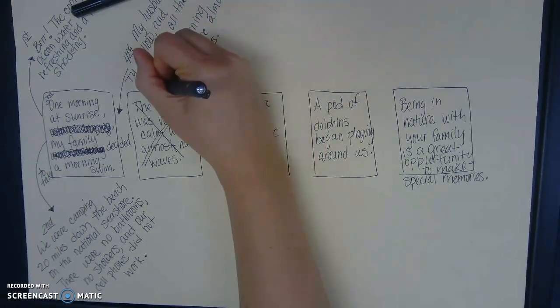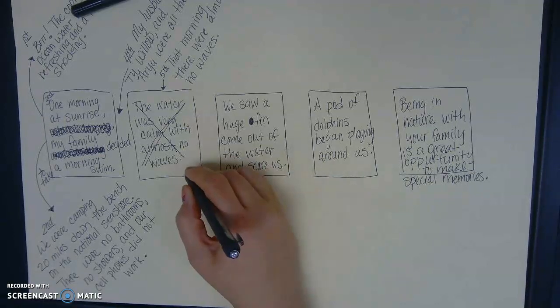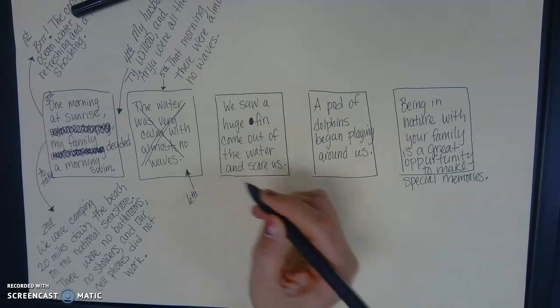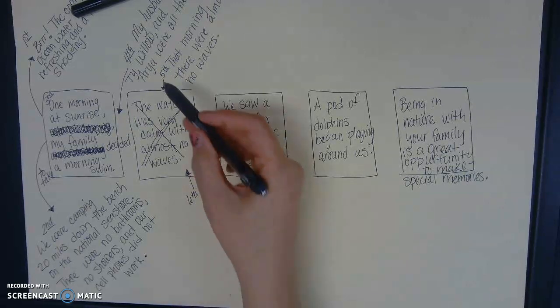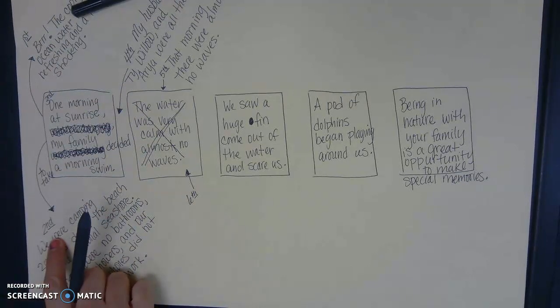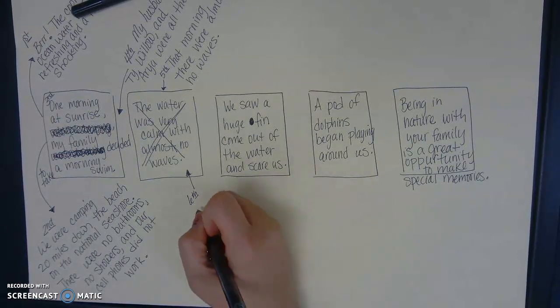Now I'm going to describe that, and I'm going to do it with a simile. So I'm going to come back down here and say, the sixth thing I want to say, and I'm writing them in order like this because when I go back to write my actual rough draft, it will be easier for me to follow it. So, the sixth thing, I'm going to put a simile here.